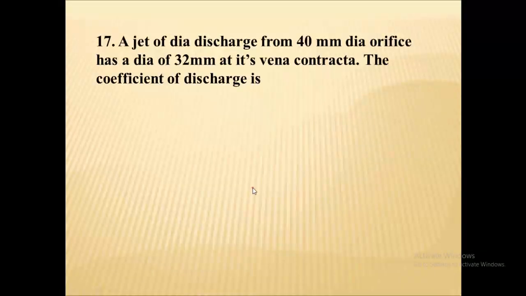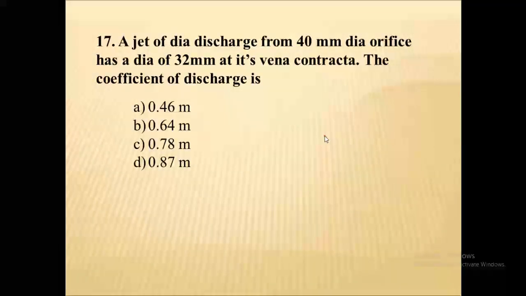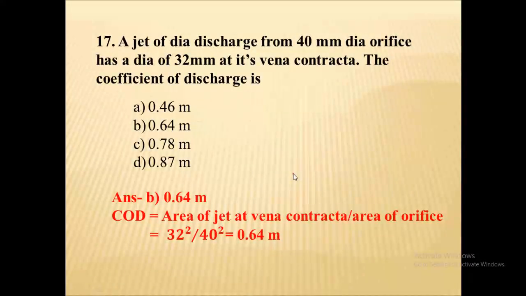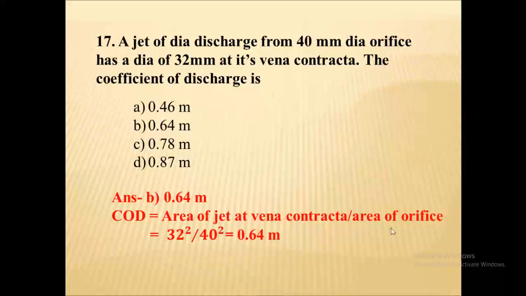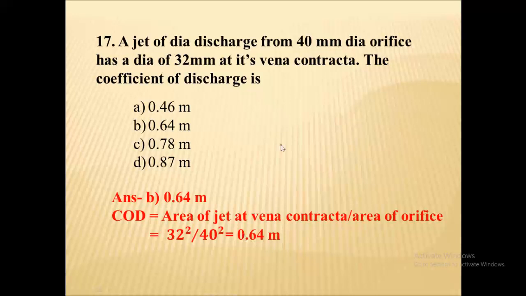A jet discharged from 40 mm dia orifice has a dia of 32 mm at its vena contracta. The coefficient of discharge is... so here the coefficient of discharge is nothing but area of a jet at vena contracta divided by area of orifice. So simply we will take the square of diameter, all other thing will get cancelled.